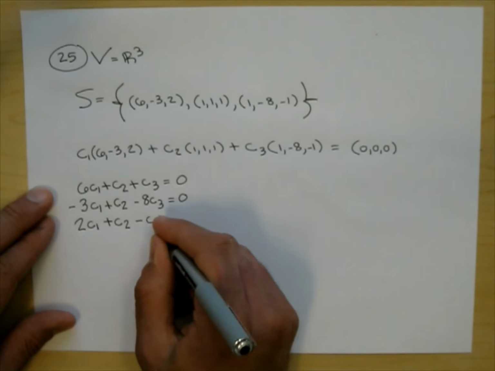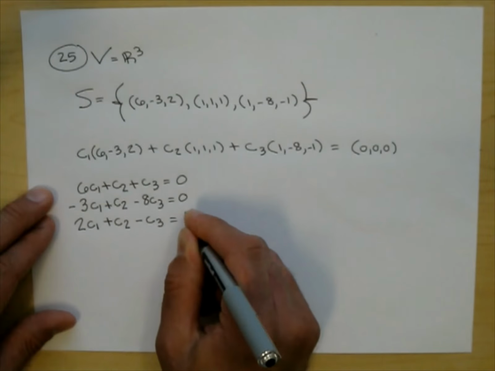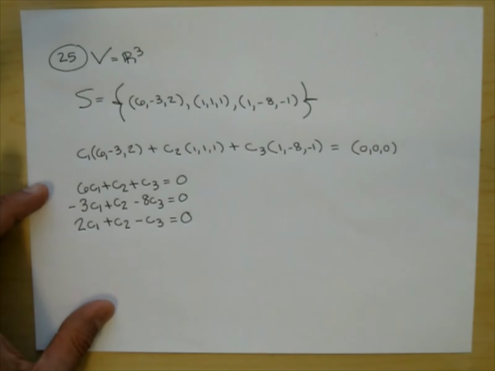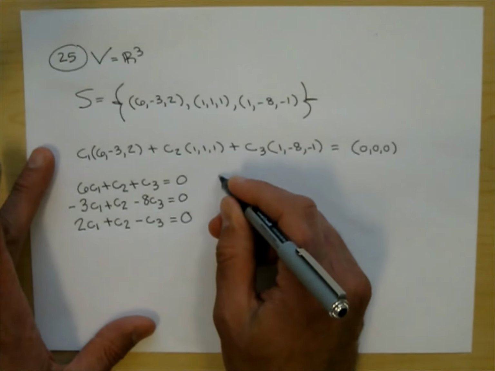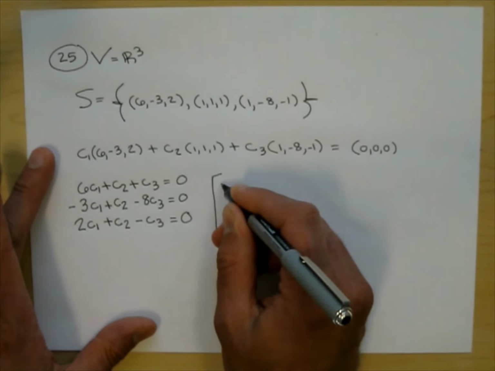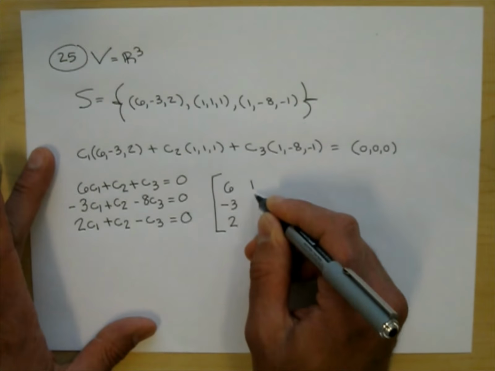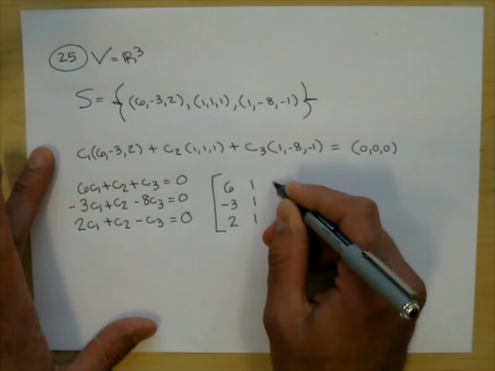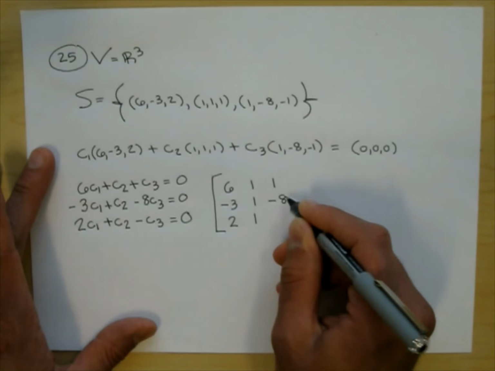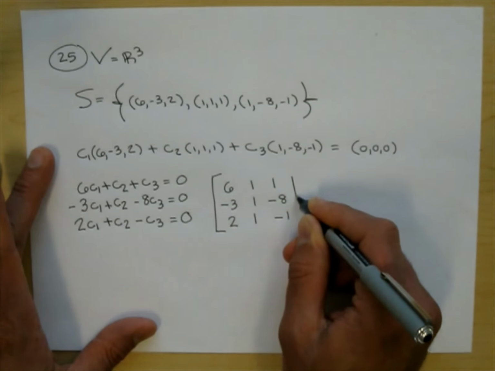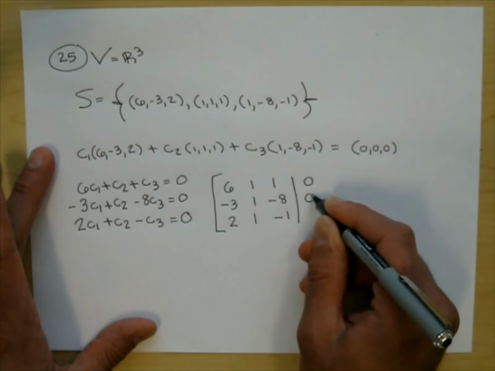Okay, the next thing I'm going to do is set up the augmented matrix. 6, -3, 2, 1, 1, 1, 1, -8, -1. Here's my equal sign. Here's 0, 0, 0.